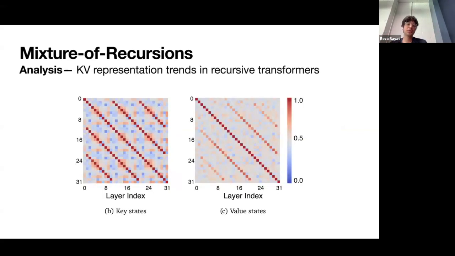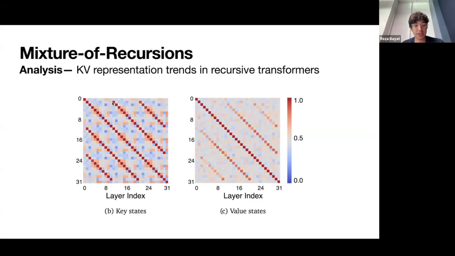This is also an interesting observation on why we can do KV cache sharing from one recursion to another. These experiments are with 3 recursion steps, and each layer, when we unroll it, is associated with the next layer in the next recursion step.